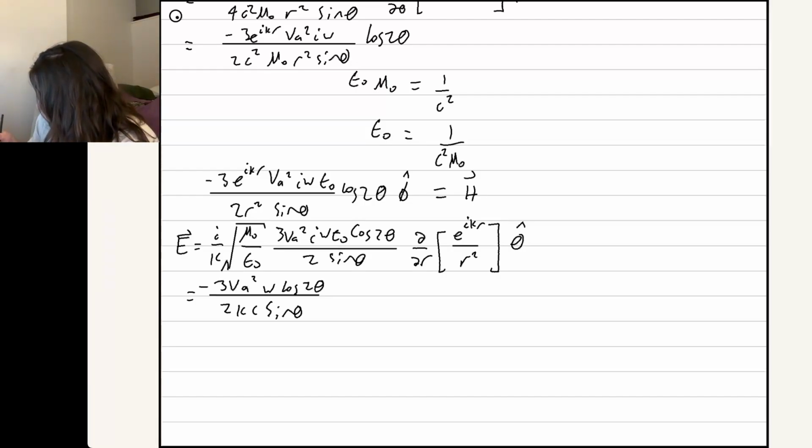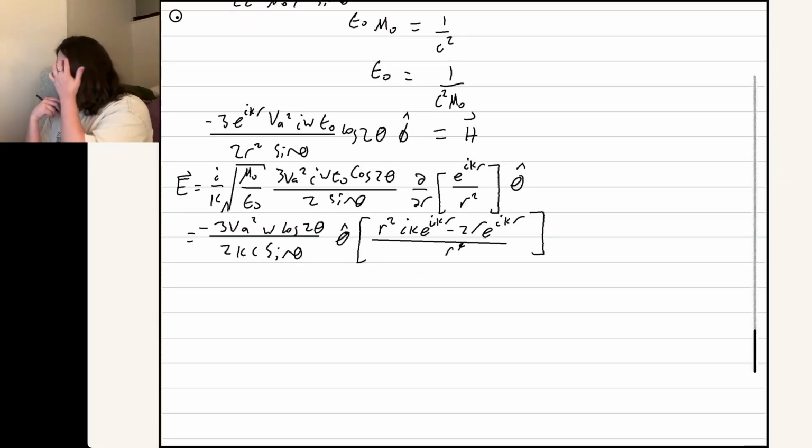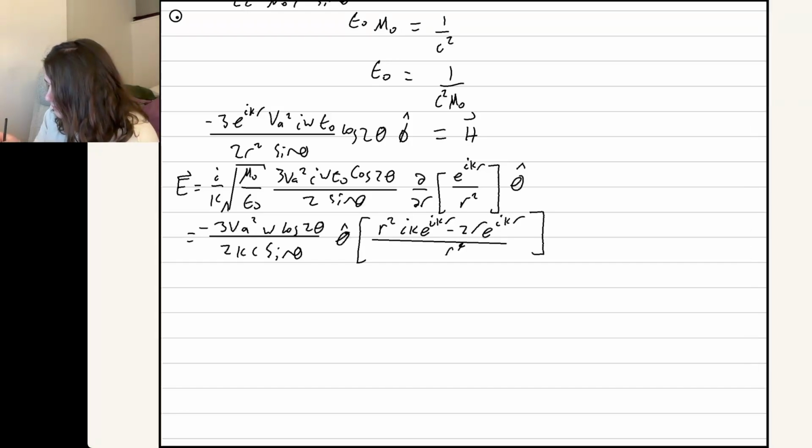Cool. And then the derivative, pointing in the theta hat direction, is going to be, we're going to have to do a little bit of quotient rule. So r squared times ik e to the ikr minus e to the ikr multiplied by 2r, so minus 2r, and then all over r to the fourth. Okay. That can be simplified. We can pull the exponential term out.